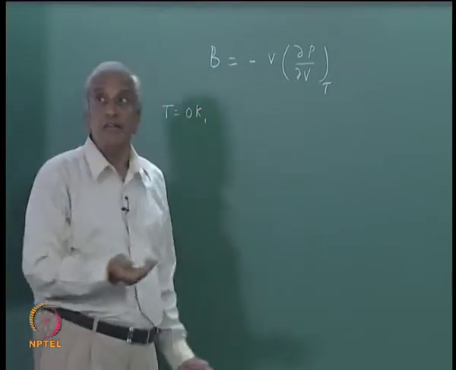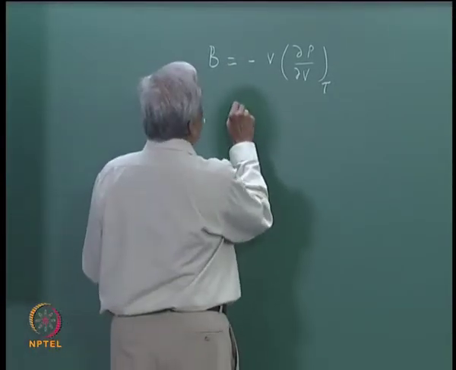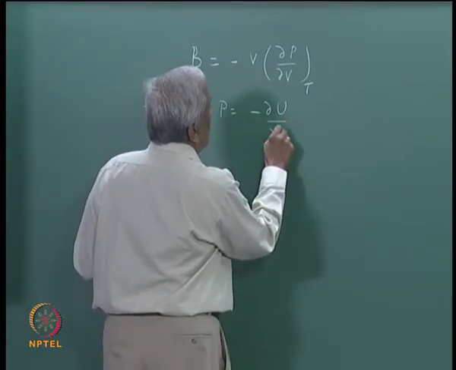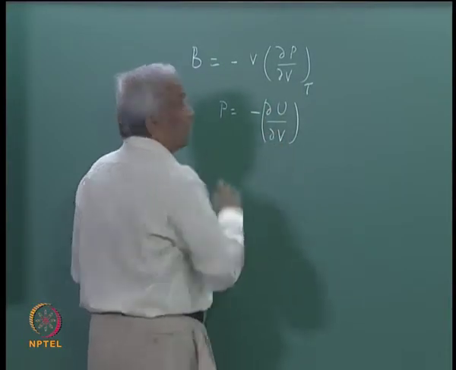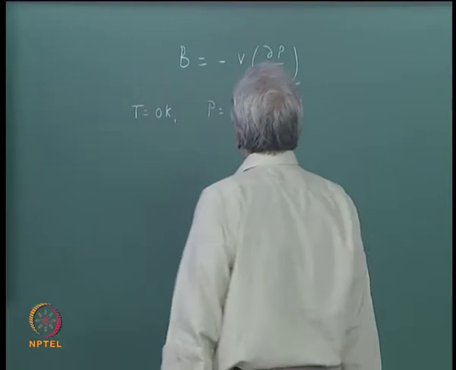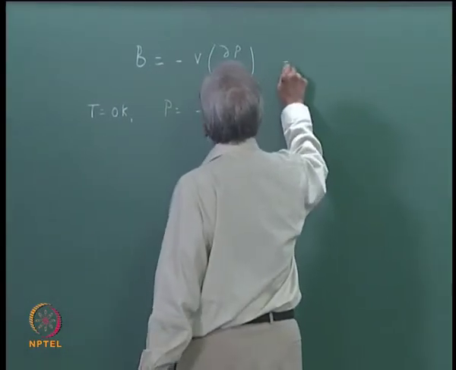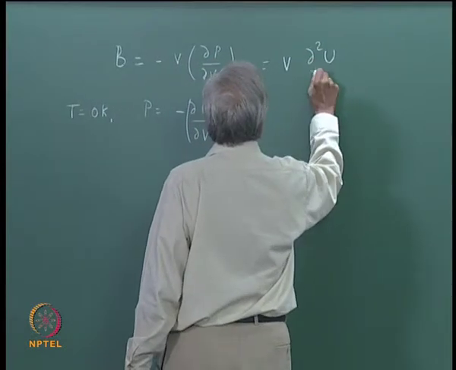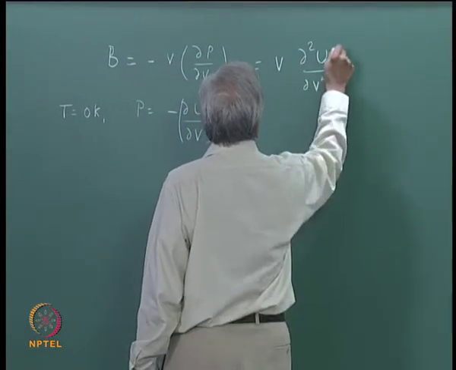So, we have P, the pressure, is just minus dU by dV, where U is the internal energy. Therefore, we can write this as V d square U by dV square.